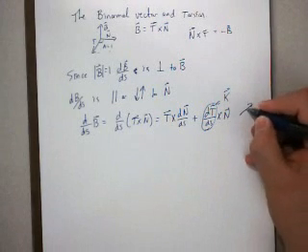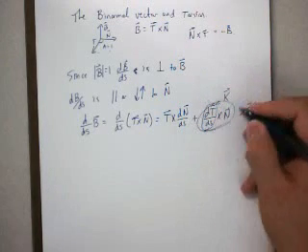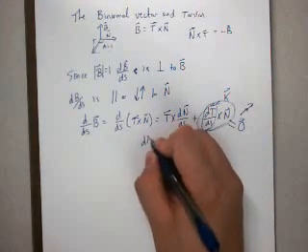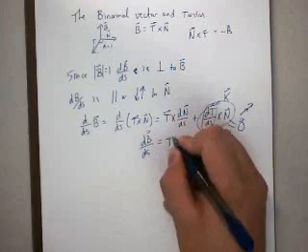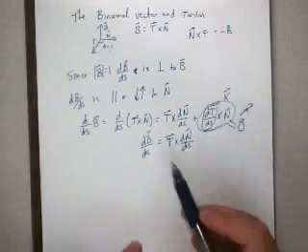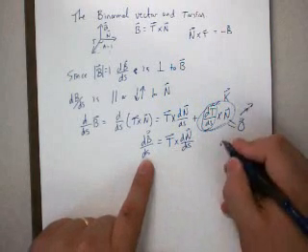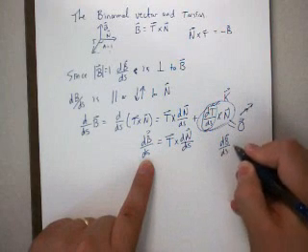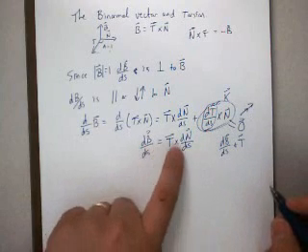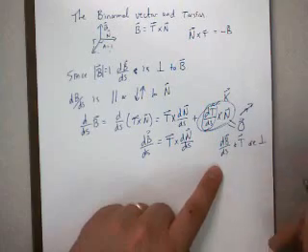The parallelogram formed by them has 0 area, which means this product right here is the 0 vector, which means that dB/ds is T cross dN/ds, which means that dB/ds and T are orthogonal, because when you cross two vectors, you get a vector which is orthogonal to both. So dB/ds and T are orthogonal.